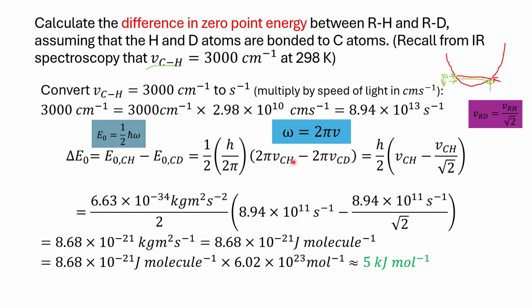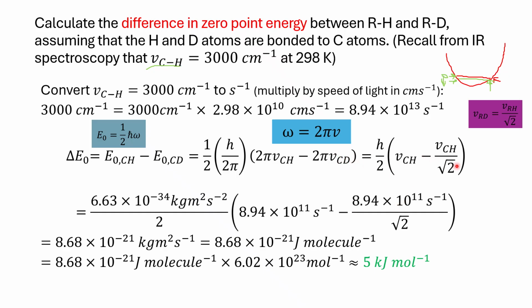We got the vibrational frequency for RH, which is obtained from here. So we do some mathematics and substitute the value of the vibrational frequency for RH. Then we plug in the constant, the Planck constant divided by 2 pi. After that, we need the vibrational frequency for RH and also RD.